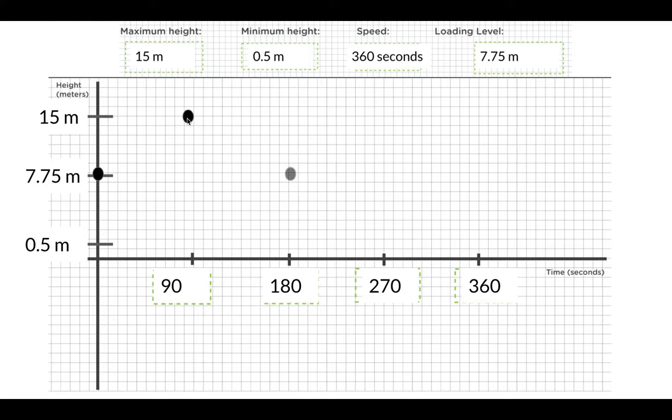At 180 seconds, we'll be back down at the midline, so that should be 7.75. And at 270 seconds, we should go all the way down to the minimum height, which is 0.5 meters. At 360 seconds, we'll be right back up at the midline. So now that I have these 5 points made, I can put a curve to it.